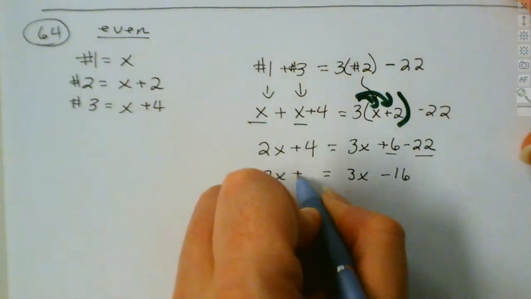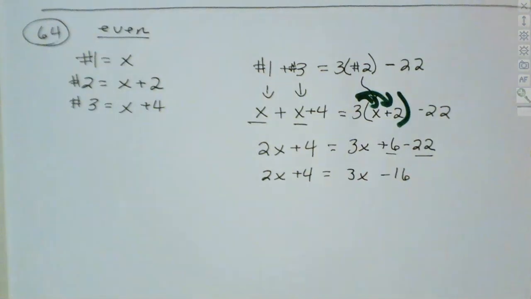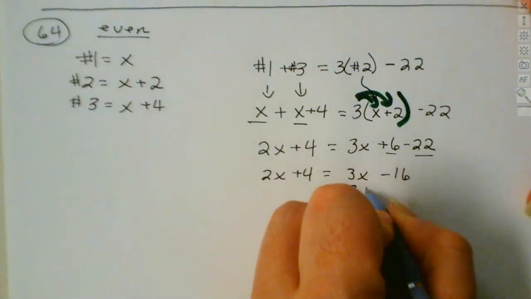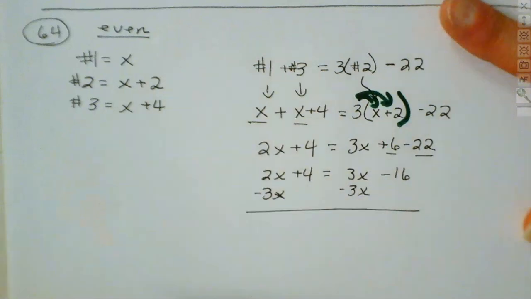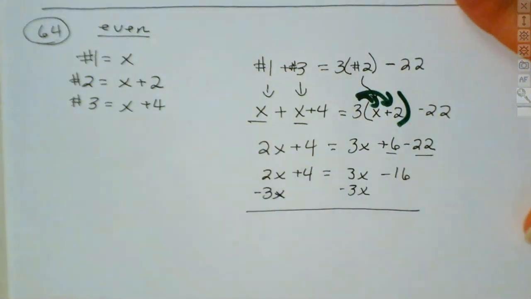And we need to finish it. So we should know kind of what to do. I like to do the same pattern every time until we get good at solving these. You can deviate from the pattern, but the way I always do it is the variables go to the left. And now we have 2x minus 3x.